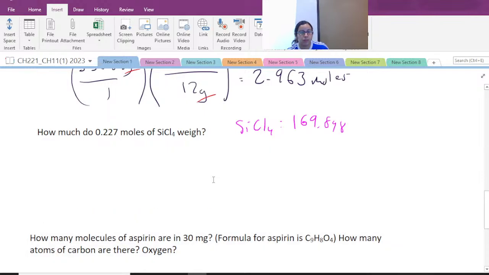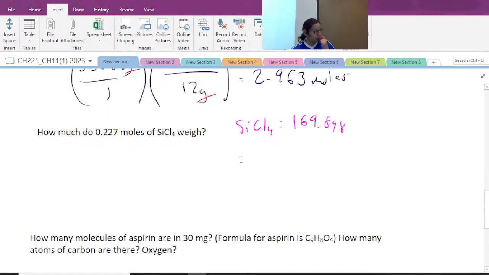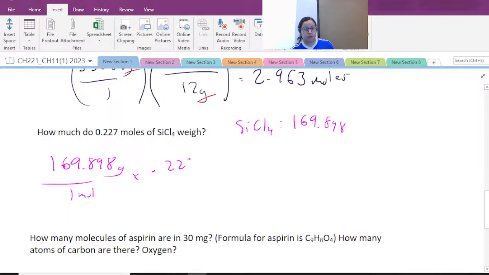And then I just took that number and multiplied it by 0.227 moles. About 38.6 grams. Does that look right? Yeah, that's about what I got.